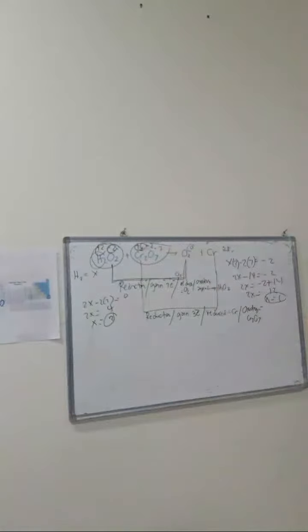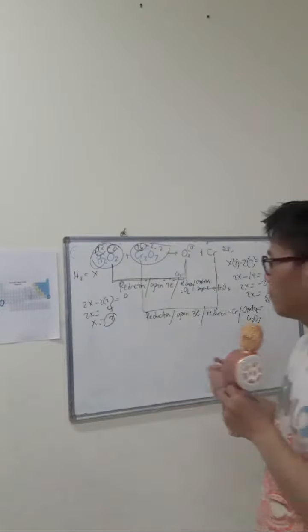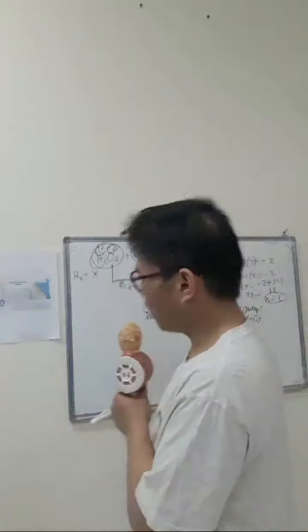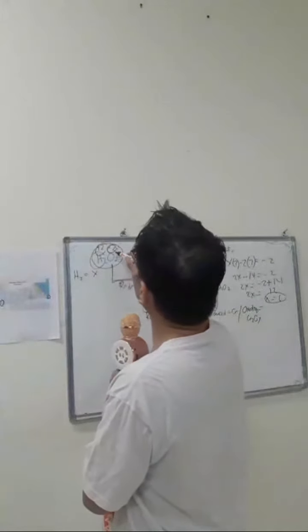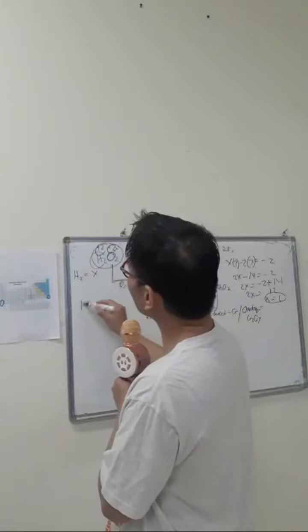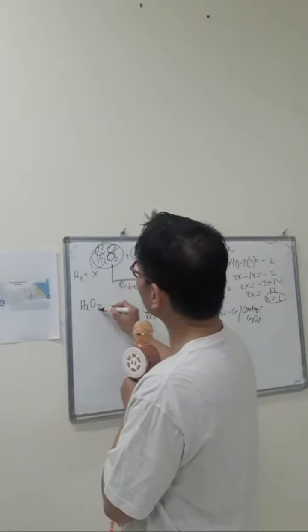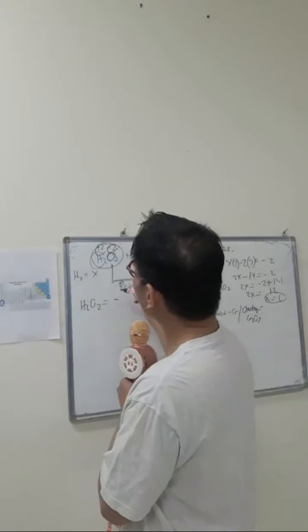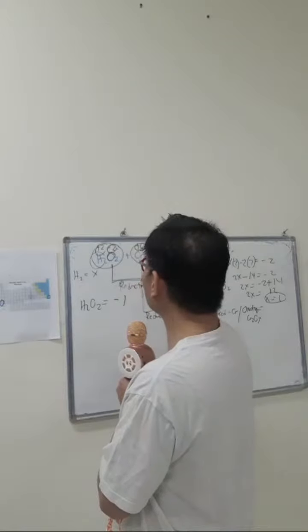If that is the case, this is peroxide. Actually, in peroxide the oxygen is really -1. So peroxide is supposed to be -1.